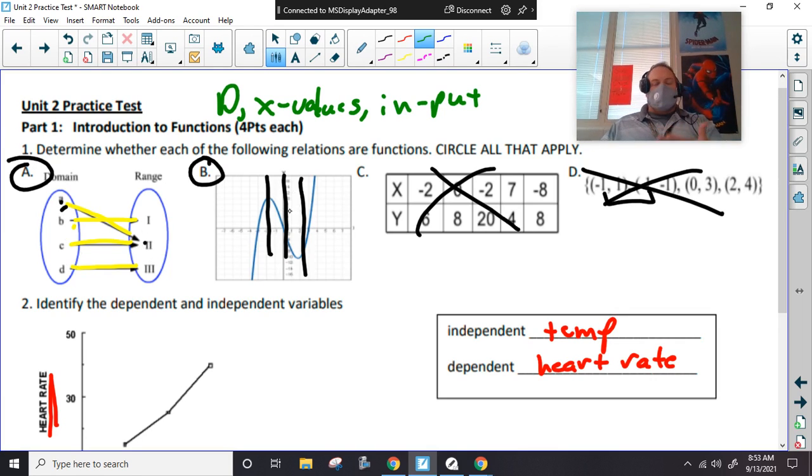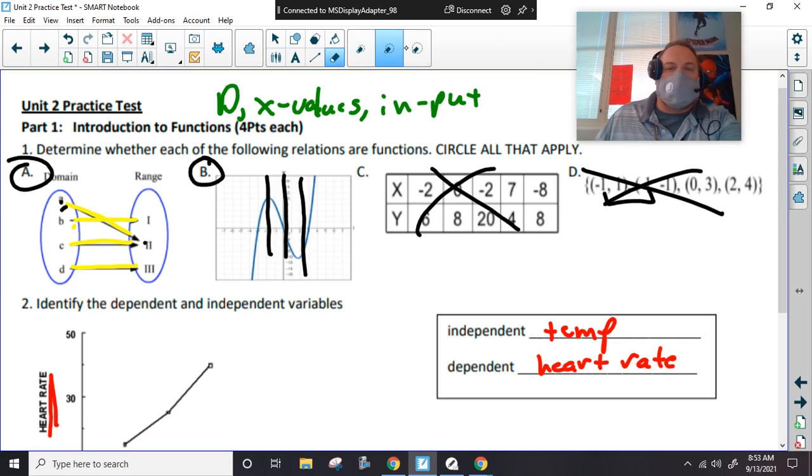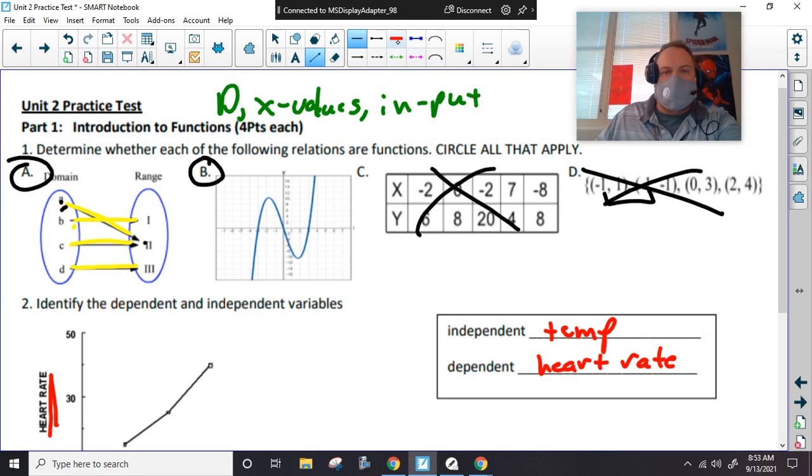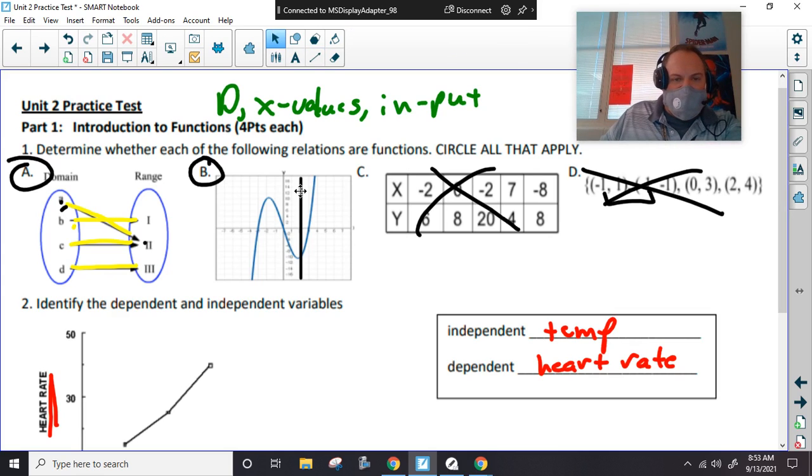Now, B is a function because of the vertical line test. If you draw a vertical line, and when I say draw a vertical line, I mean where the X values are on that grid, it's really easy to take that and go right down to see if it touches any other time. And every time I move, it looks like it touches once.